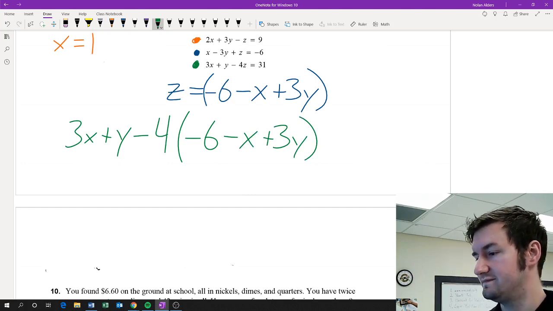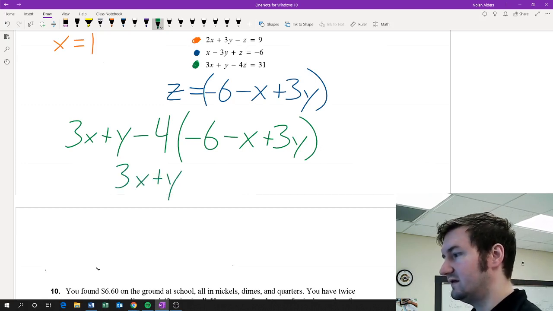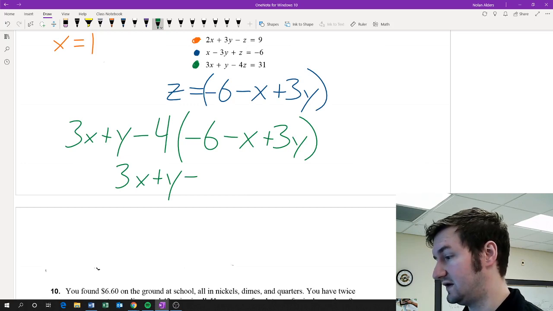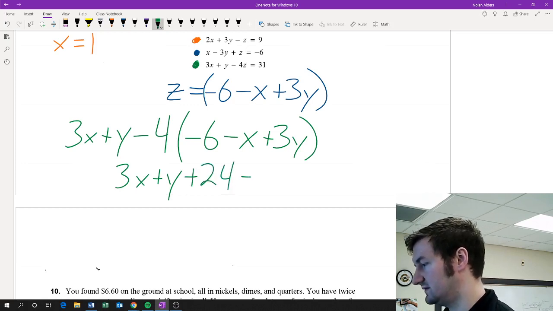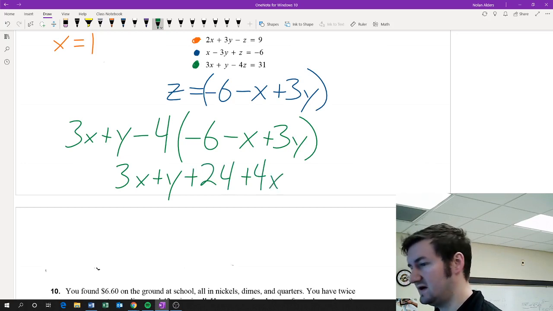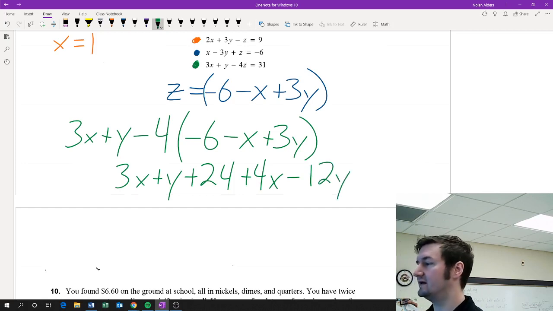We could distribute the negative 4, so we'll have 3x plus y. Negative 4 times negative 6 is positive 24. Negative 4 times negative x is positive 4x. And negative 4 times 3y is negative 12y. And all that, again, equals, for the third equation, 31.